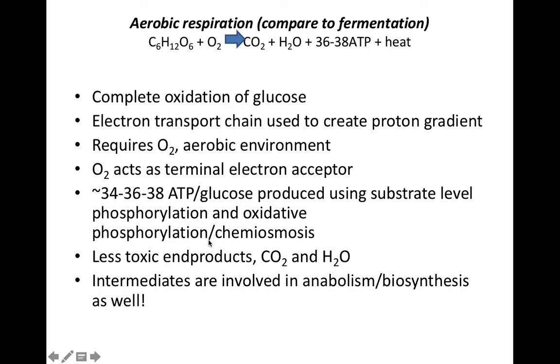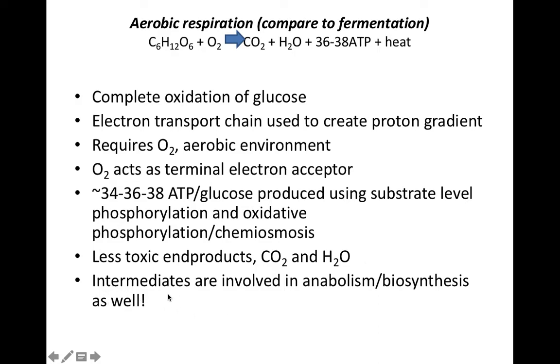You might recall oxidative phosphorylation is going to use chemiosmosis, the proton gradient, to help drive cellular work, ATP synthesis. Our end products are going to be far less toxic than the alcohols and acids of fermentation. We're going to end up with relatively non-toxic CO2 and water.